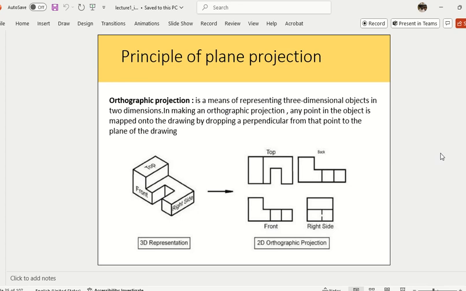Okay, so I'll make this box. This is my box. Okay.